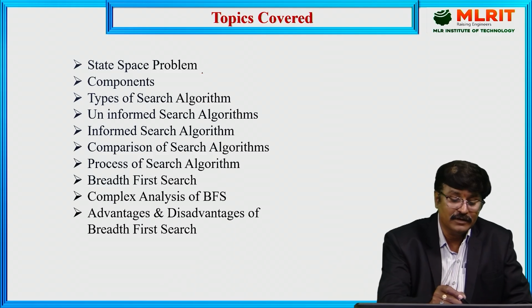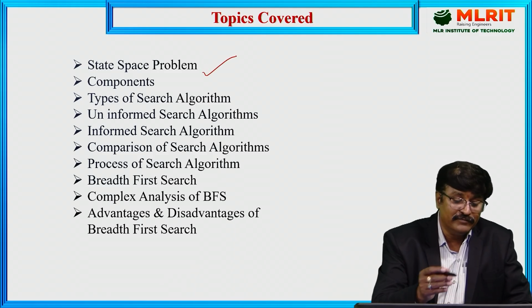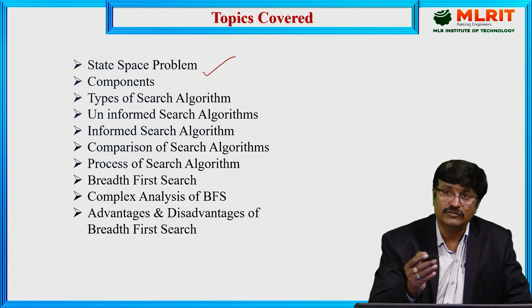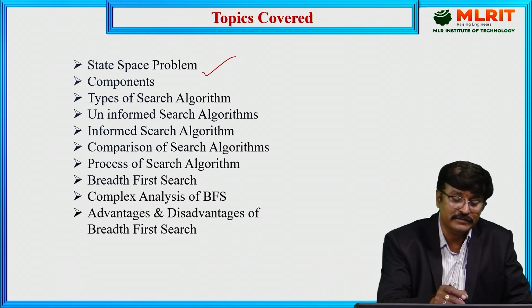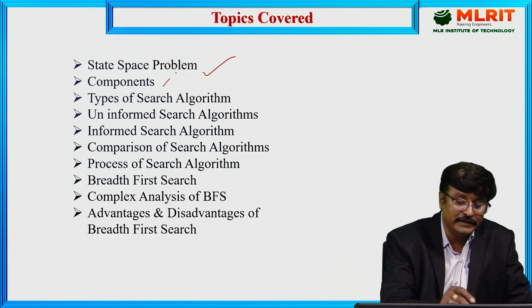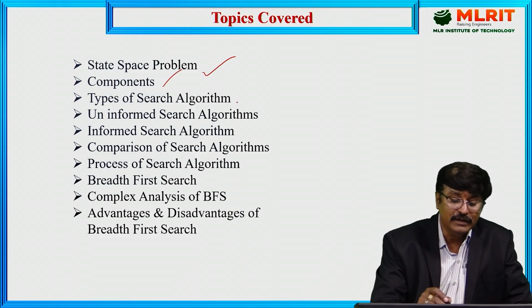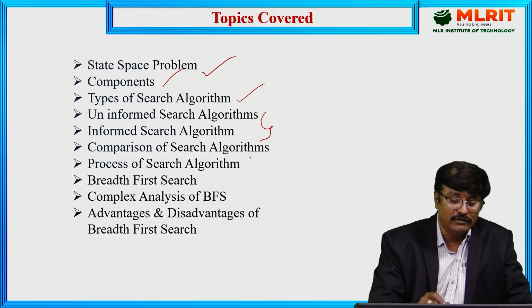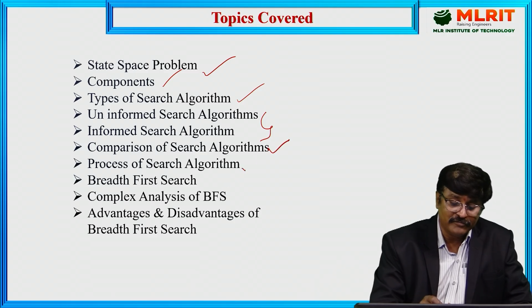So in today's class I covered the state space problem, because every problem is defined as a state space. There are different states: the starting state, the goal state, and intermediate states. There is a goal test function, and a cost function also, and based on the functions you approach a strategy. We discussed the different components, and the two types of algorithms, uninformed and informed search algorithms, the comparison between them, and how the processing goes on, with every piece of information kept in the fringe.